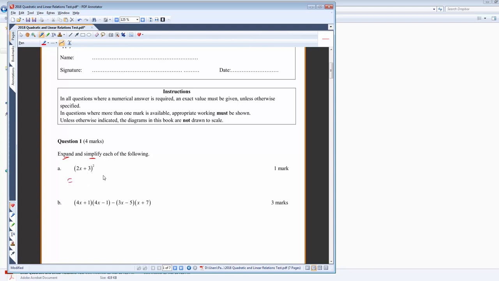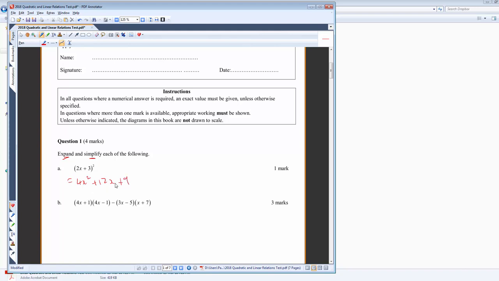So you can use the perfect square expansion rule, which is to square the first term. So that is 4x squared. And it's 2 times this term times this term, so it's 2 times 2x, which is 4x, and 4x times 3x is 12x, and then square the last term, plus 9.